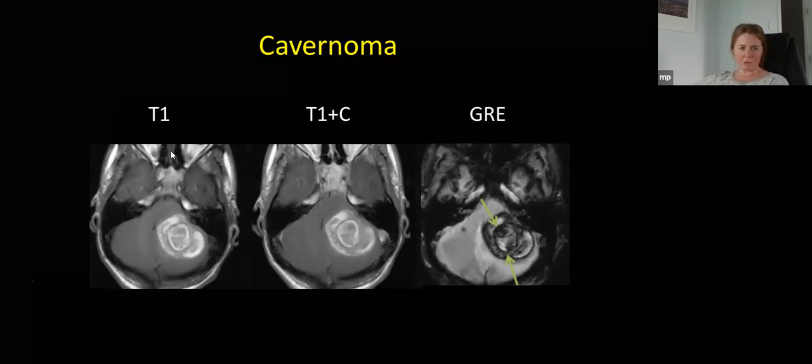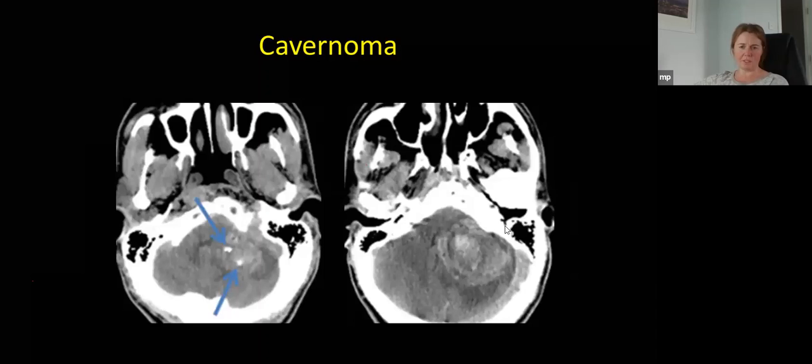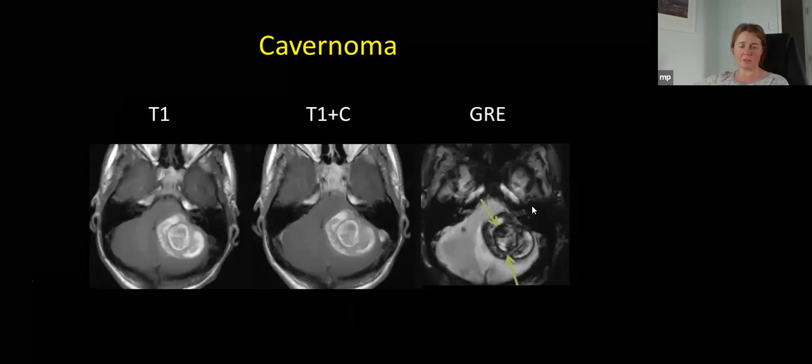So on a non-contrast T1, the nasal mucosa will be intermediate signal, and in a post-contrast, it'll be high signal. So yeah, the edema is quite obvious even on the gradient echo, and you can see the blood products in this. So this is a cavernoma which has bled, but again, quite tricky if you look at that initial CT. Just something to consider. And you answer the question by doing an MRI.